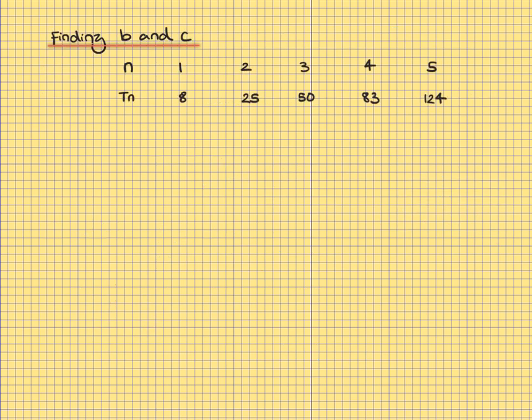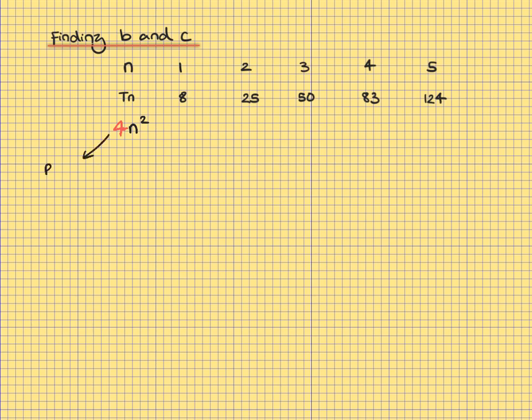So finding b and c, I've set up a table which shows the terms of the sequence 8, 25, 50, 83, 124 and their position in the sequence, i.e. their n value. So 8 is the first term, 25 is the second term, and you can see the n values listed above. Now, because the formula for our nth term contains 4n squared as a starting point, the next row will calculate the value of 4 times n squared.